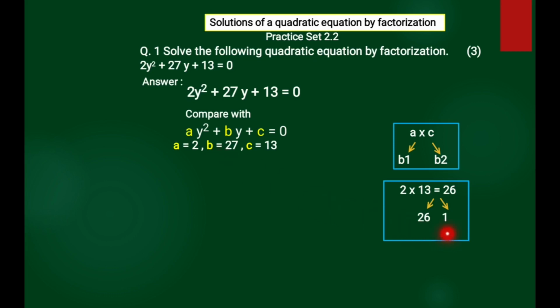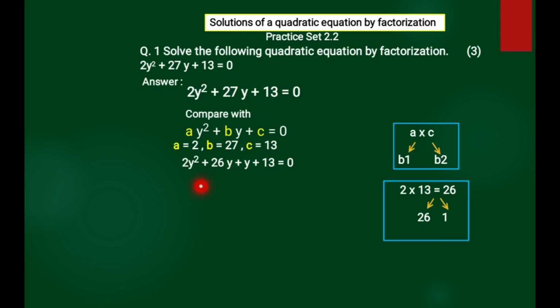So 26 plus 1 we get 27, which is the value of b. So we split up this middle term 27y as 26y plus 1y.